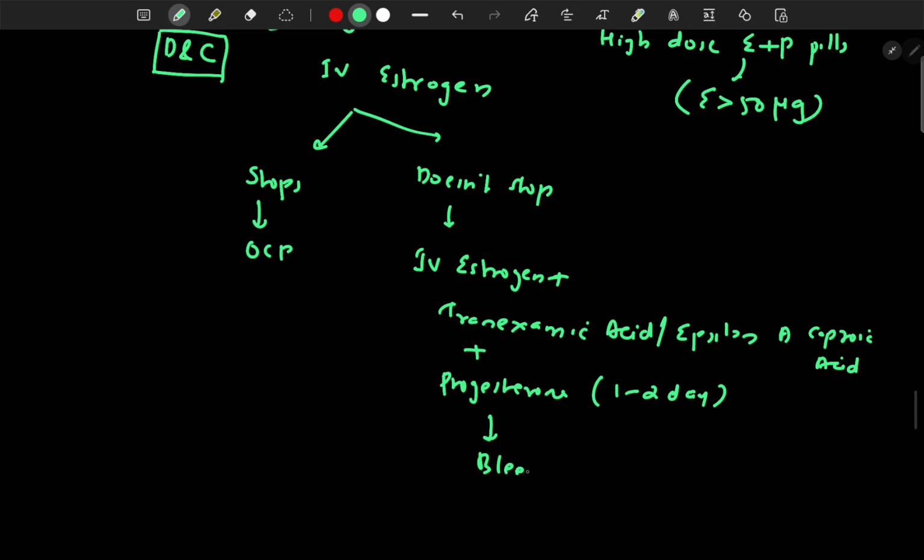And if the bleeding stops, I can give OCP, oral contraceptive pills.